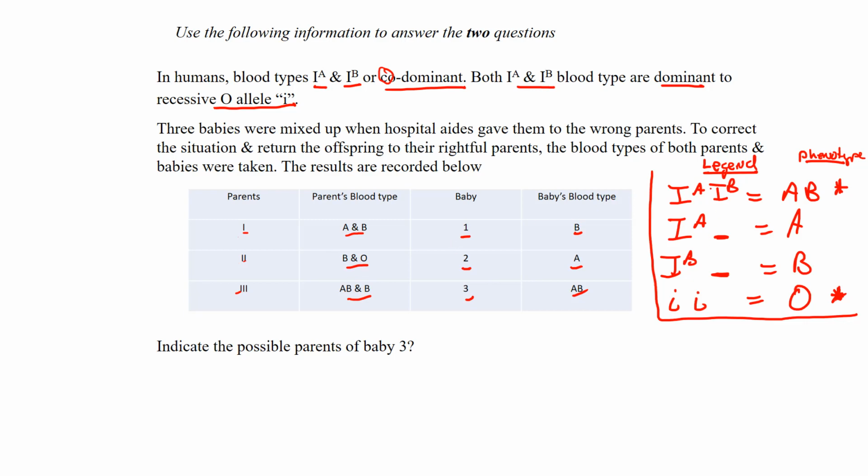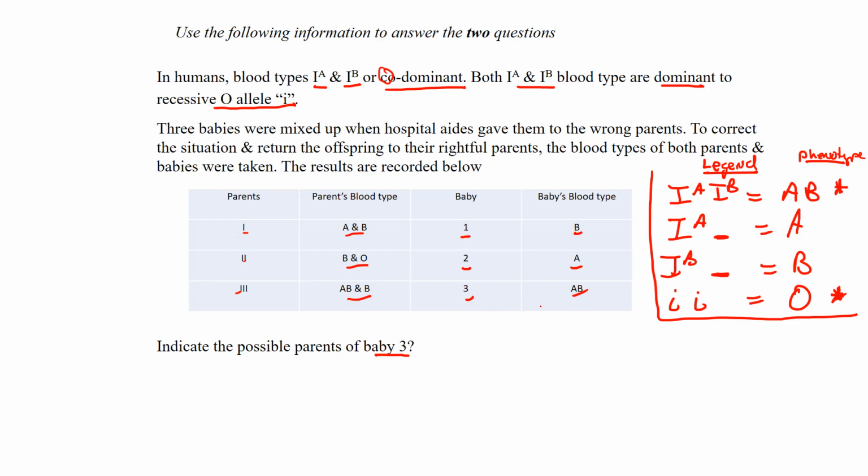They're not actually given what the actual genotypes are for either the babies or the parents. If you read the question, some babies got mixed up. They don't know who the parents are. In order to do that, they had to take the blood types to see what the possible parents are. So indicate the possible parents of baby number 3.